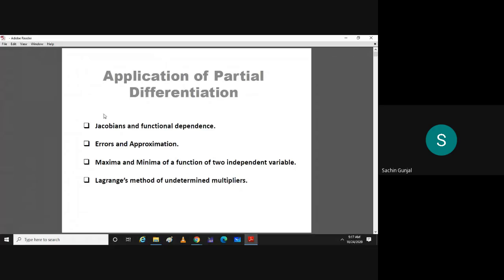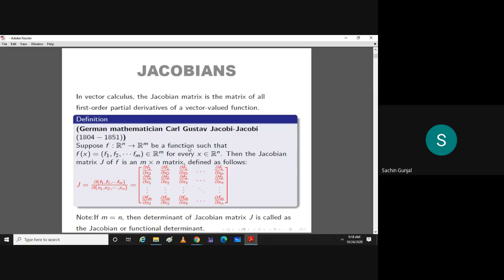Now this concept of Jacobian is new to you. Then functional dependency is also new to you. And this Lagrange method of undetermined multiplier is completely new to you. Okay. So these 4 main topics are there which we need to consider.